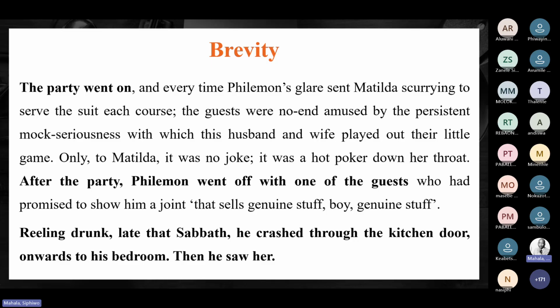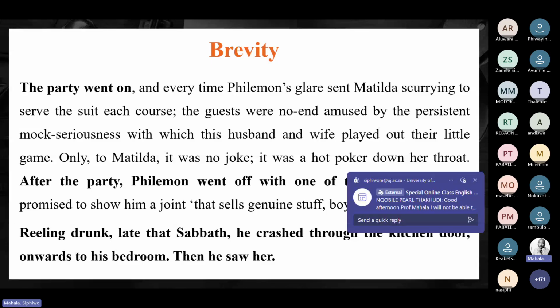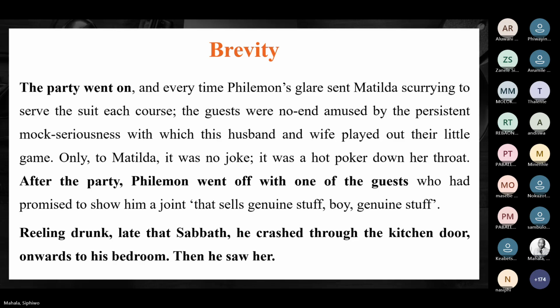and gets to his house and then discovers the lifeless body. So in a different scenario, you would go on about what was happening at the party. You would write a whole chapter about the party, or rather the joint where Philemon went.